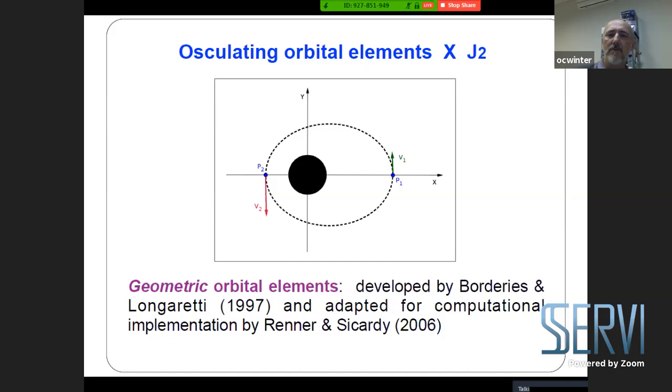That problem has been studied for a long time, mainly for bodies near Saturn, close to the rings. The idea is that you should consider an adaptation of the orbital elements to what is well known as geometric orbital elements, and that would correct this effect. Then you could give the right velocity to get a circular orbit. Next one, please.